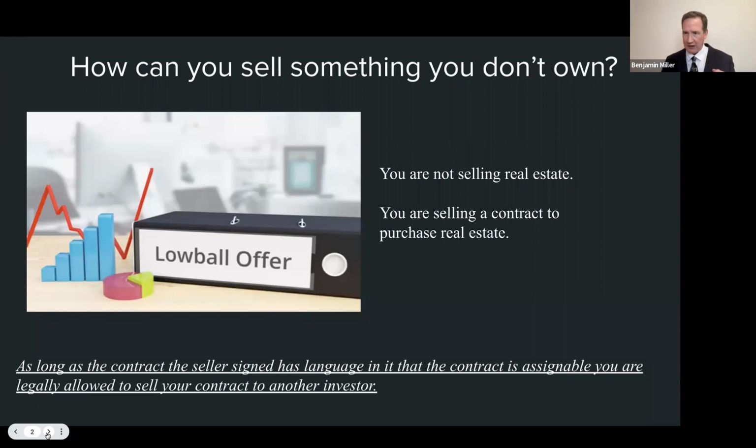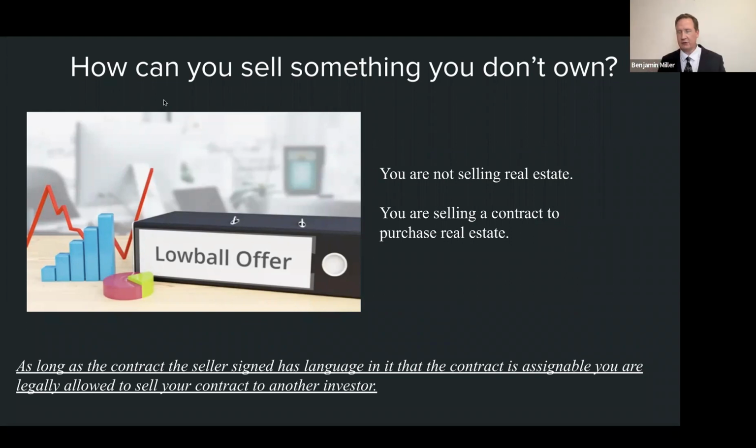As long as the contract that the seller signed has legal language in the contract that it is what is called an assignable contract. As long as that legal language is in the contract, you are within your legal rights as the potential purchaser to turn around and sell the contract to someone else, because it's an assignable contract.